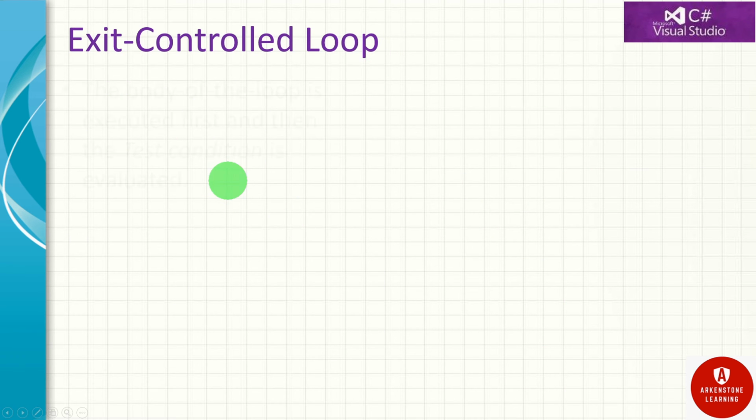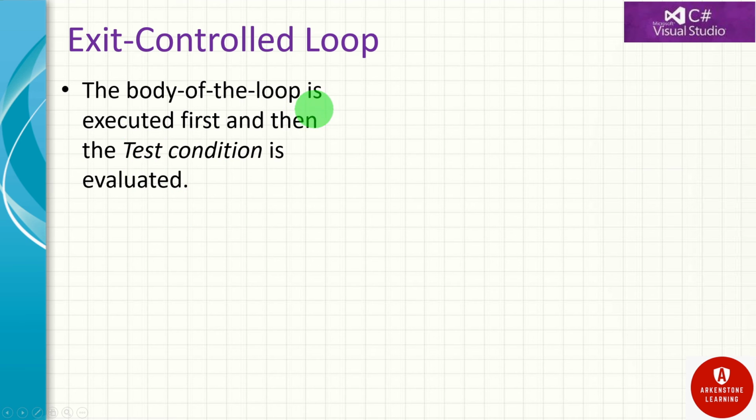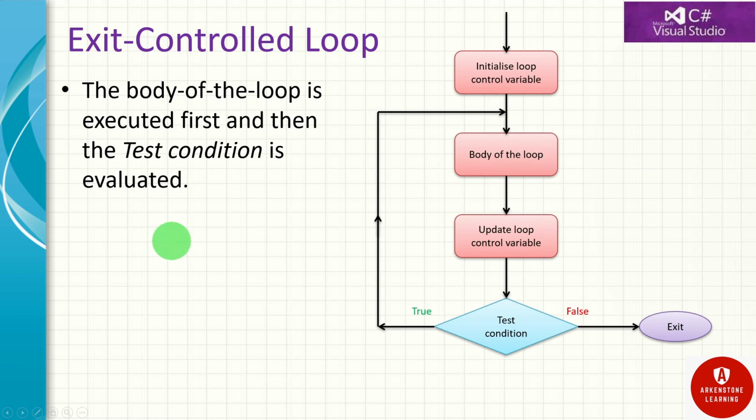In an exit control loop, the body of the loop is executed first and then the test condition is evaluated. So if you see the flow chart of an exit control loop, it will look like this. Here we initialize the loop control variable, and then we execute the body of the loop, and then update the loop control variable, and then evaluate the condition.